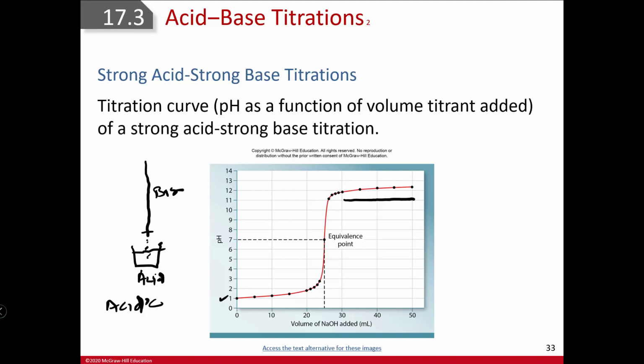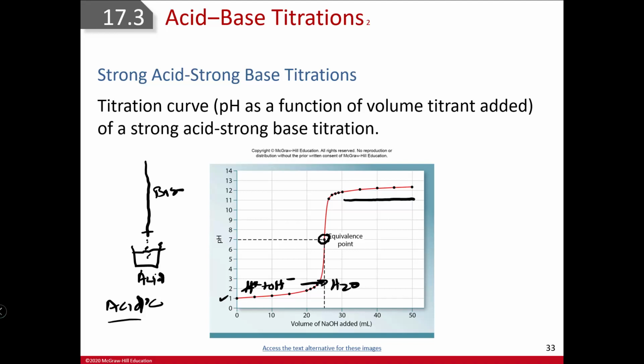So what happens is, as long as there's hydrogen ion present in the acid, it's going to react with the hydroxide ion of the base, and that's going to form water. For a strong acid and a strong base, the equivalence point is going to be right there at pH 7, because at that point you've consumed all the hydrogen ion in the acid solution.